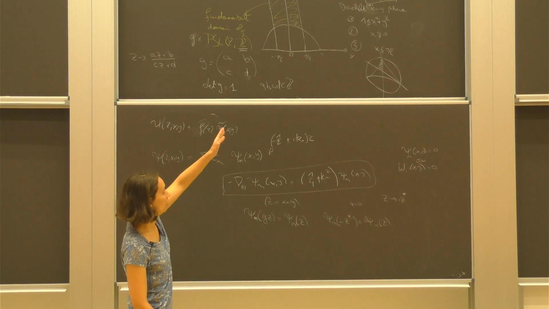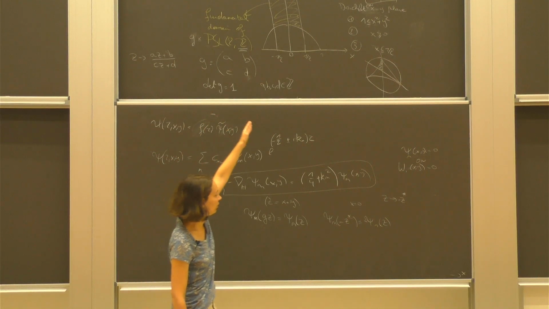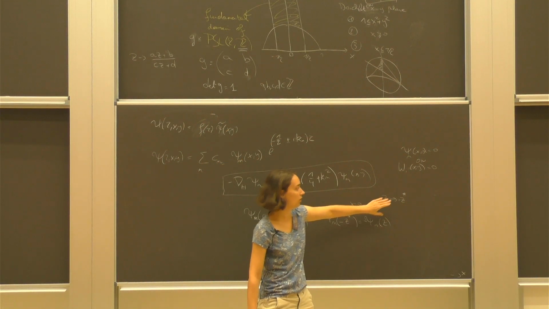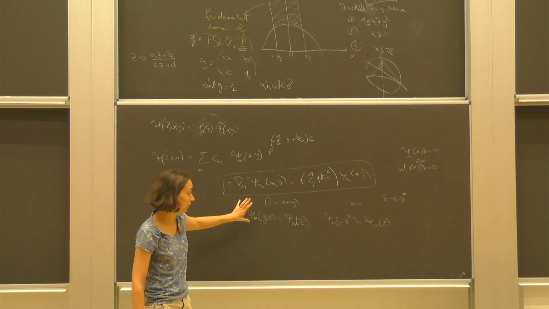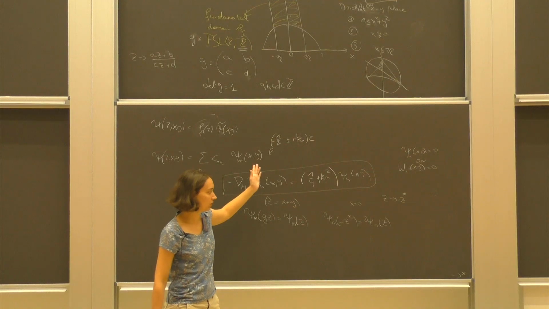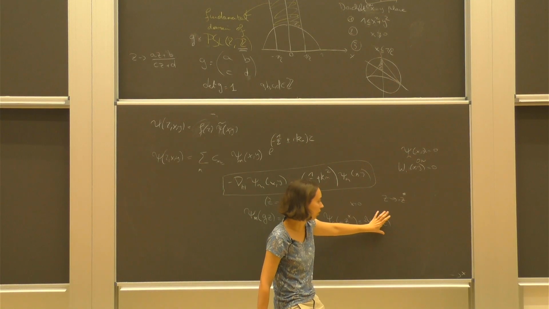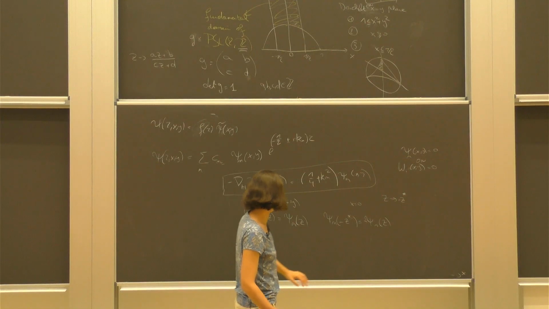And for the wave function to vanish on the x equals 0 line, you require this wave function to be odd under this transformation. So we will care about modular invariant functions that are solutions to the Laplace equation that in addition are odd under this reflection transformation.